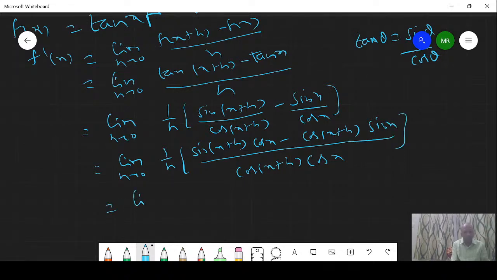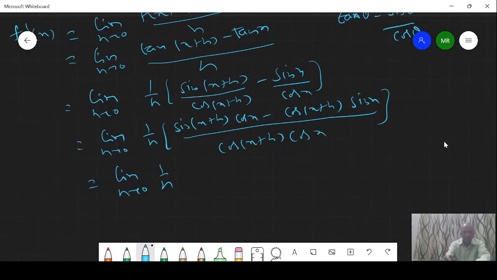Limit h tends to 0, 1 by h. You apply sin a cos b minus cos a sin b, which is sin of (a minus b).